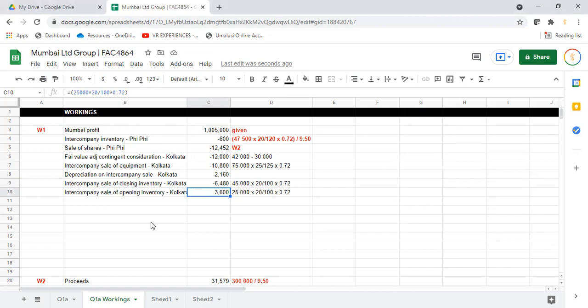Okay, so we went through all of the scenario, and we adjusted for all intercompany transactions that impacted the profits of Mumbai. We adjusted for all transactions at acquisition that impacted the profits of Mumbai. What they're never going to tell you, and you must always be aware of this: generally, I always tell students to do it first, because I used to forget about it, because you're in a rush.